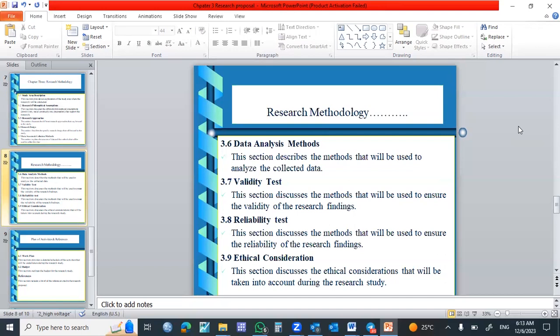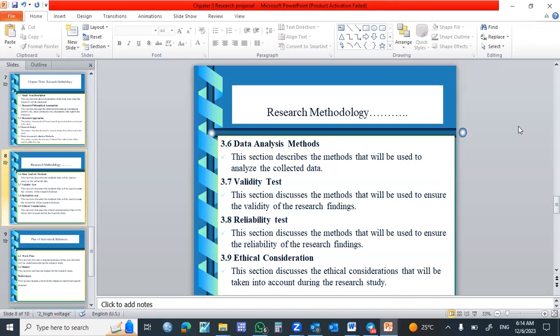You have to state the validity test types that we will employ in our research, and we will also employ a reliability test for our research. The reliability test tells us the consistency of our research tool in collecting data. This tells us the degree to which our data collection tool produces a consistent result for each item incorporated in our study.